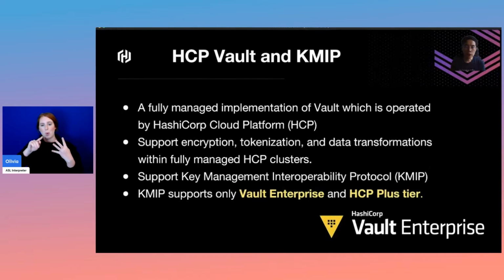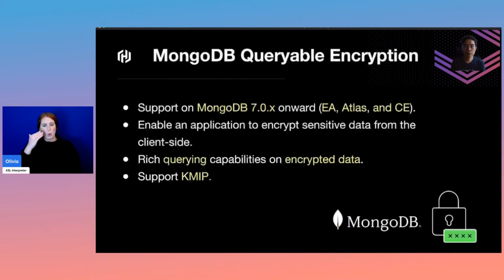That means you can use KMIP for encryption, but KMIP is enabled on Vault on cloud with the cluster plus tier, or the enterprise license for on-premise. So as you know, that is what supports KMIP.